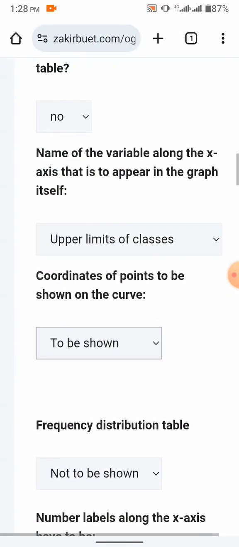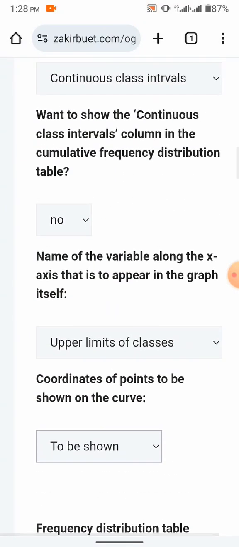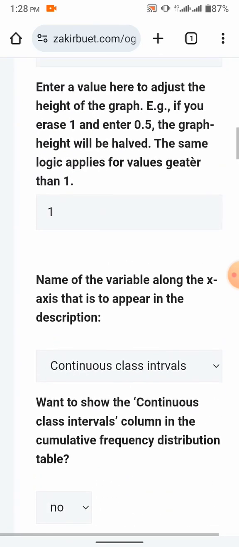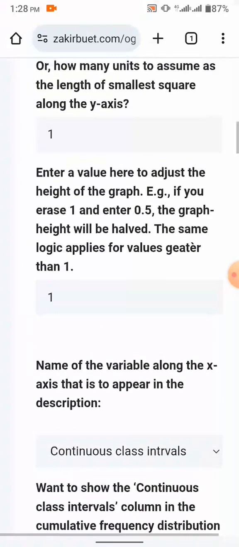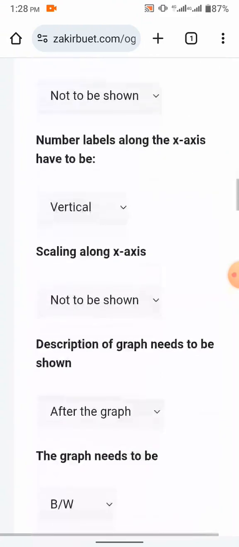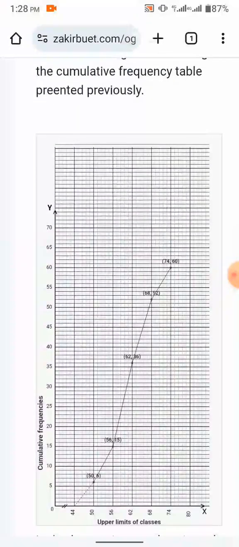Next, now here's the thing, enter a value here to adjust the height of the graph, e.g. if you erase 1 and enter 0.5, the graph height will be halved. The same logic applies for values greater than 1. So look at the height of the graph.